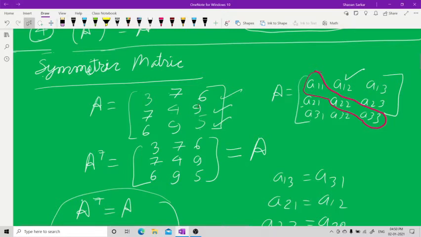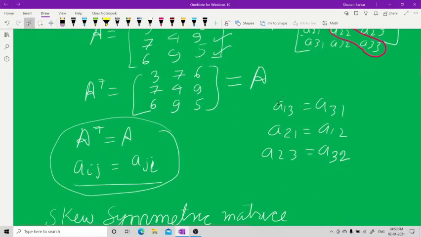Whatever number you write here, the same number has to be written here. Now you take the transpose of this matrix, you get the same matrix. That means A13 is A31, A21 is A12, A23 is A32. Earlier I had written A33 by mistake in the last video. Please correct it. A transpose is A and Aij is equal to Aji. The ith row, jth column becomes the jth row and the ith column.